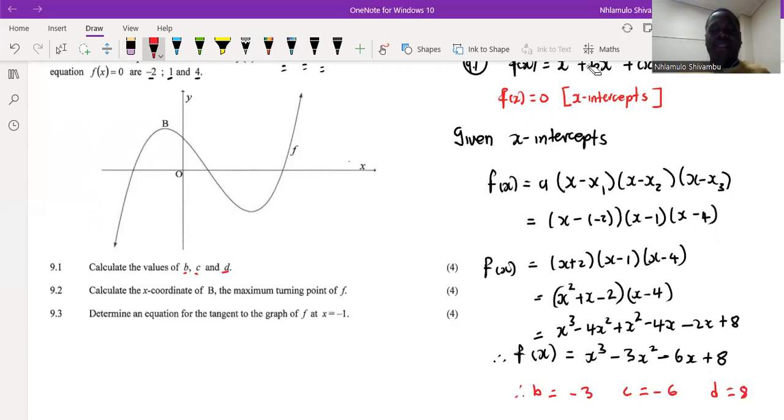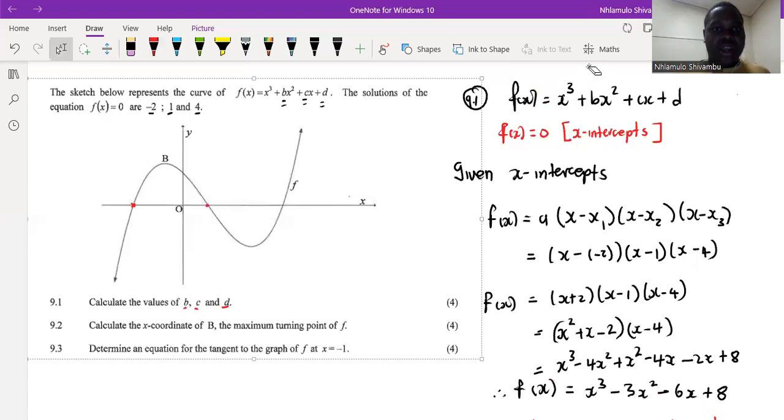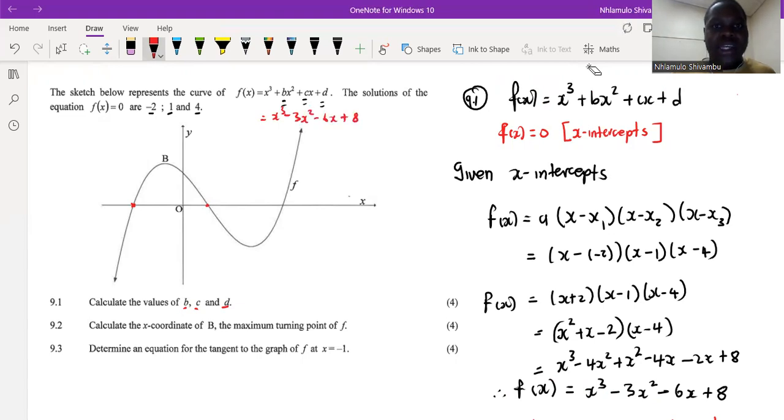So that's how we can get the equation of a cubic function if you are given the x-intercepts. Okay, so now we have the equation of the cubic function given by x cubed minus 3x squared minus 6x plus 8.